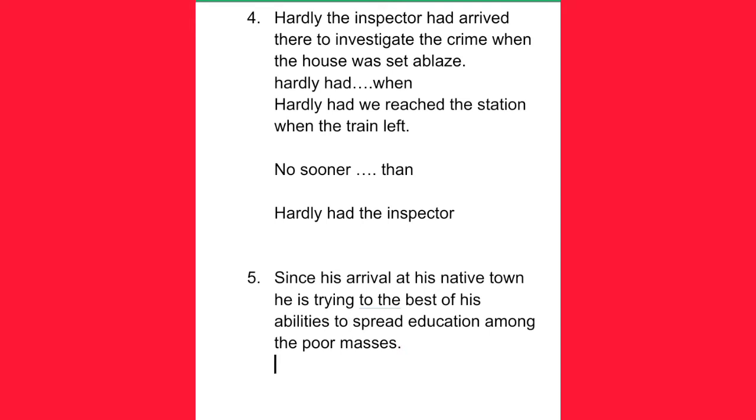Now, as you can see here, since his arrival. Do you remember when do we use these words? Since or for.